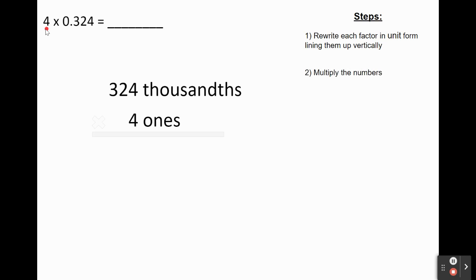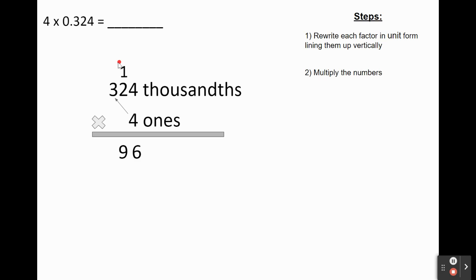Now we're going to multiply with the numbers first. So first we'll multiply 4 times 4, which is 16. So we'll place a 6 down below and regroup the 1 to the next place value. Now we can multiply 4 times 2, which is 8, but we need to make sure to add the 1 that we regrouped. So 8 plus the 1 we regrouped is 9.